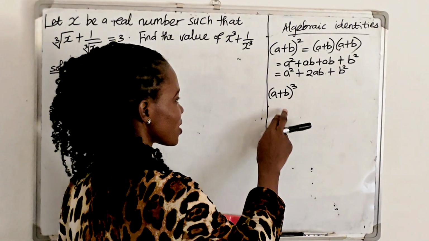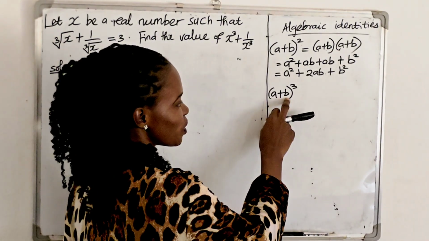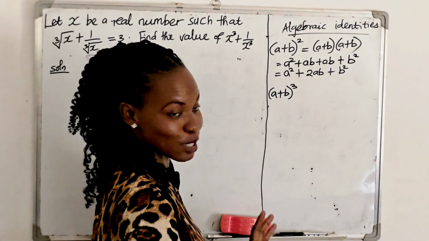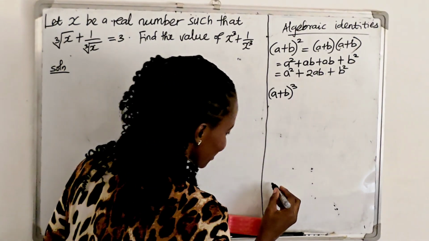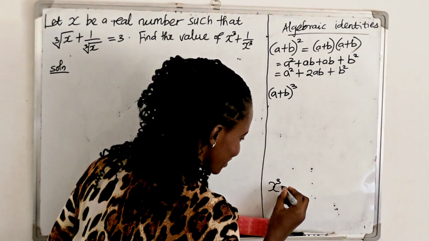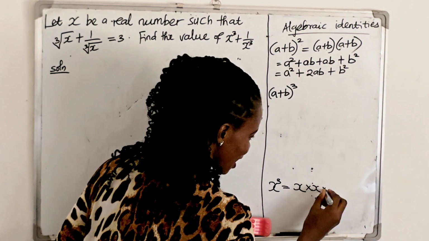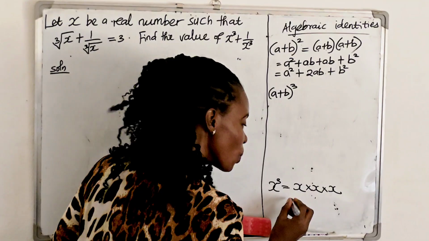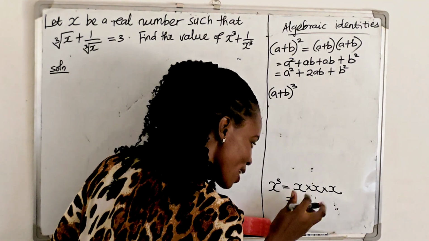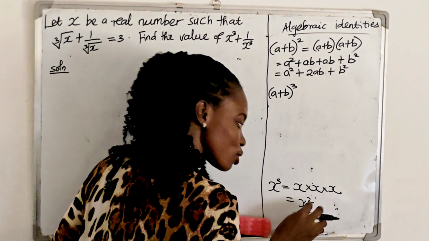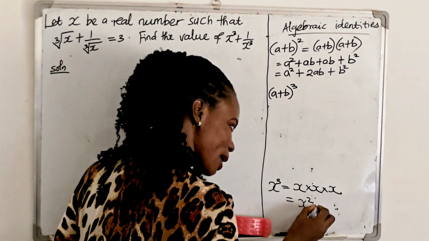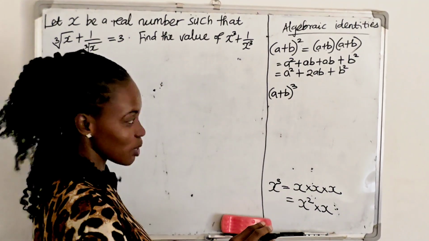Alright, we look at the cube. (a plus b) raised to the power of 3. We want to expand it. Now remember that x raised to the power of 3 is the same thing as x times x times x, which is the same thing as x squared times x. Is that understood?